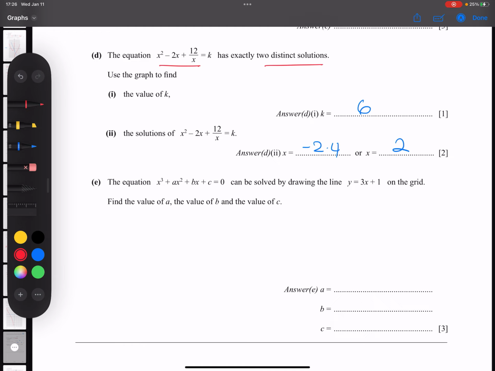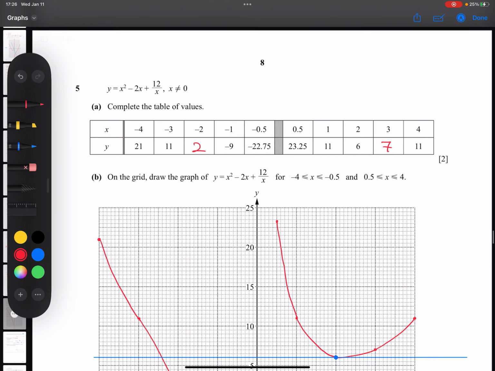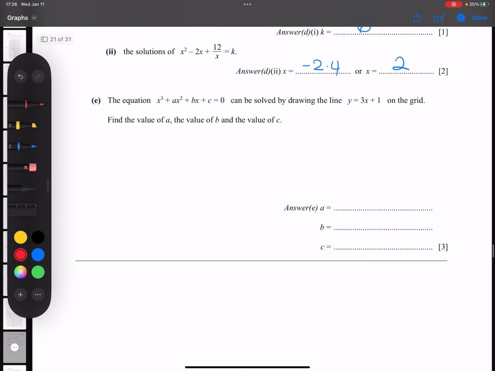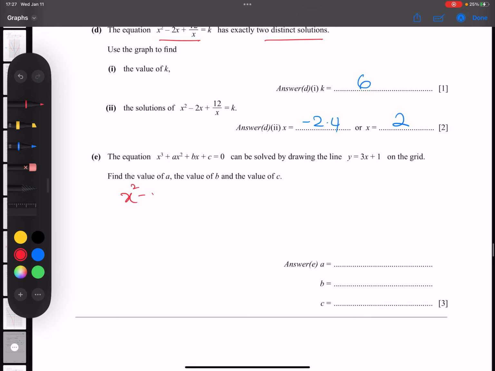So I'm going to take my graph again. My graph, which I know from here, which is x squared minus 2x plus 12 over x. That's my graph. Equals to the straight line, which is 3x plus 1.